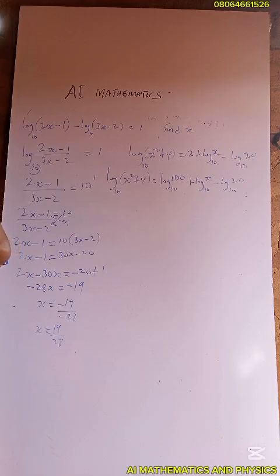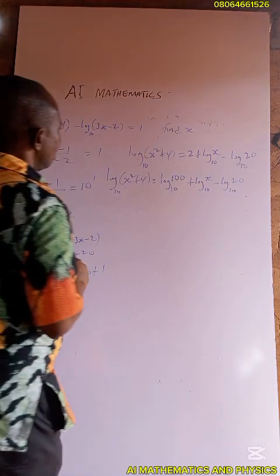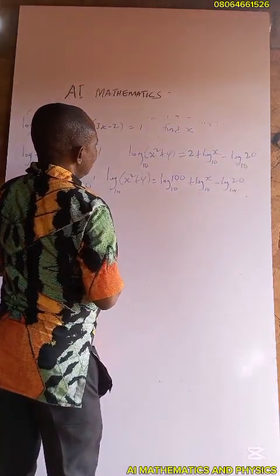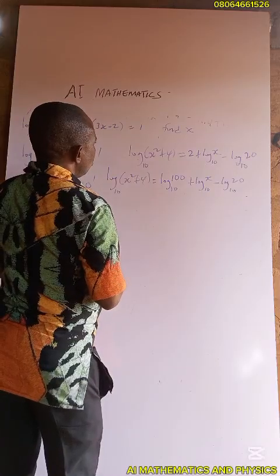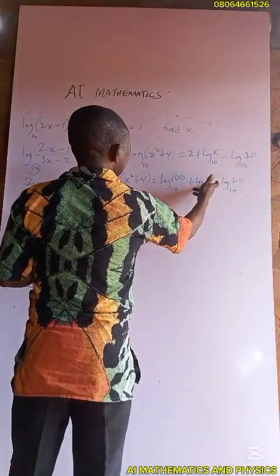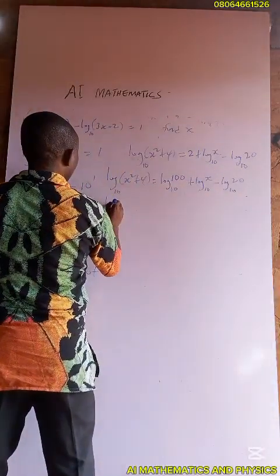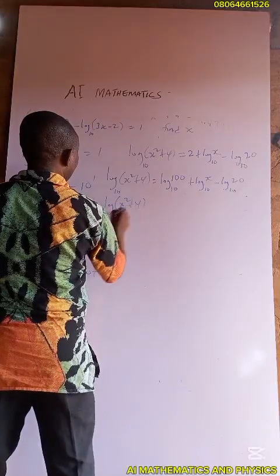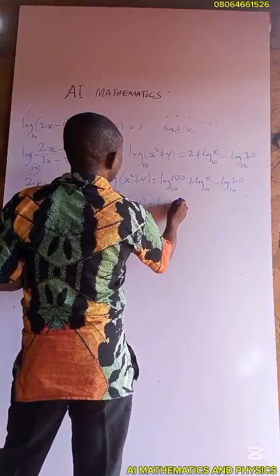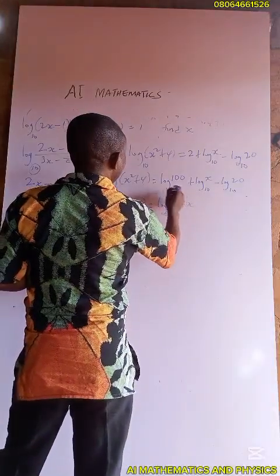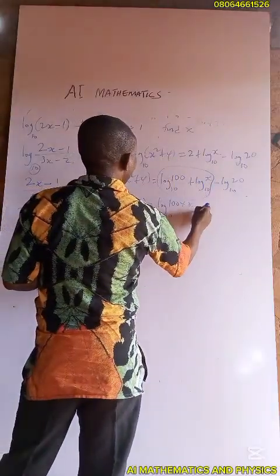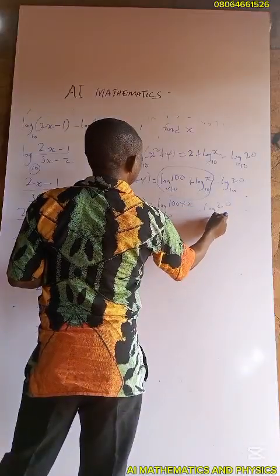We can still do something here. We have plus here; we can bring it together. Log x squared plus 4 base 10 equal to log 100 times x base 10, bringing this one together like this, so minus log 20 base 10.